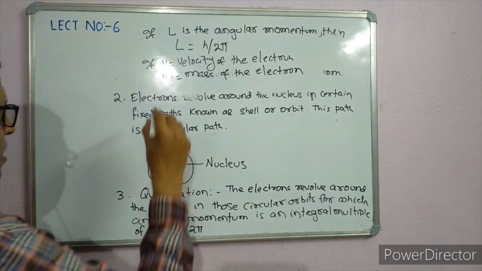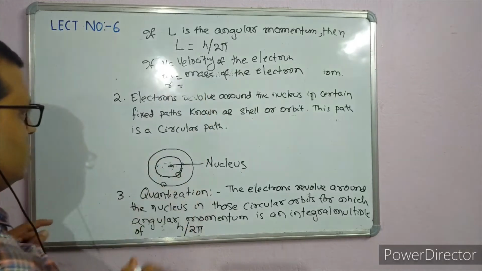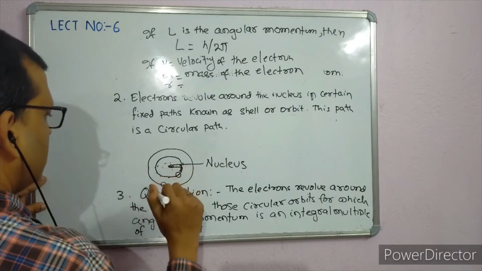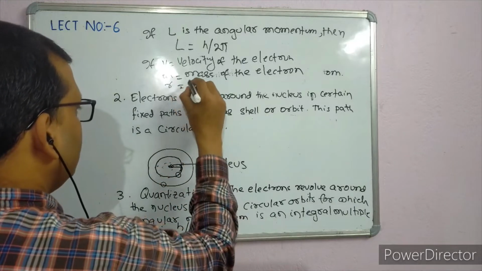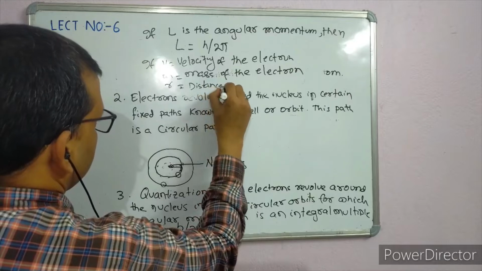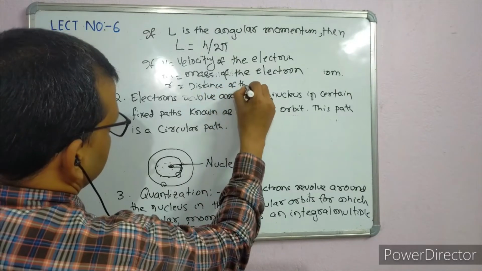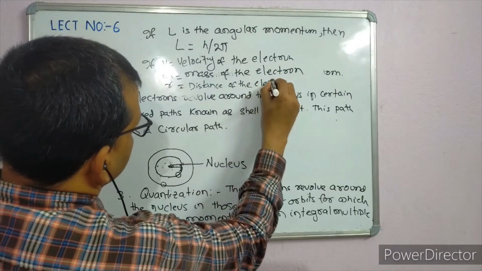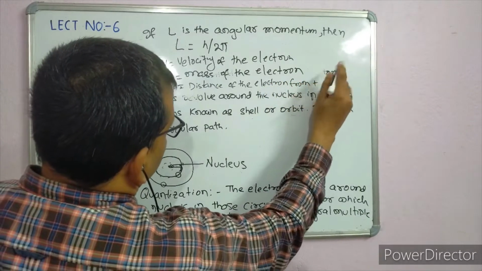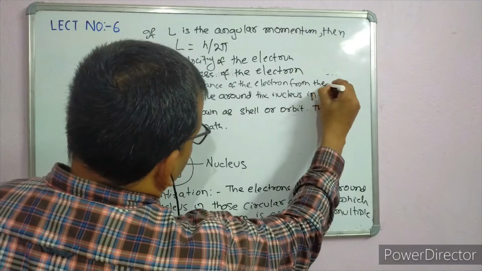and r is the radius. So this is the radius, or you can say the distance of the electron from the nucleus.